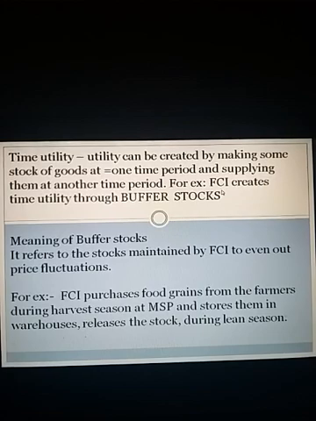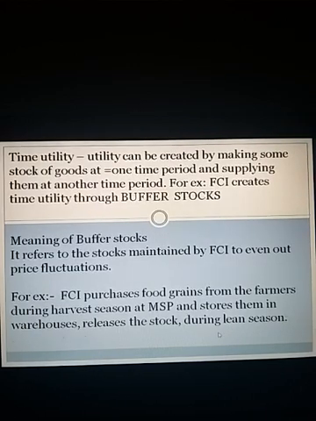Hence, FCI comes to the rescue of the farmers. It fixes MSP, minimum support price, which I've written here. It purchases at a higher price than the existing market price, transports, stores and sells them during the lean season. Lean means when there is no sufficient supply of goods.